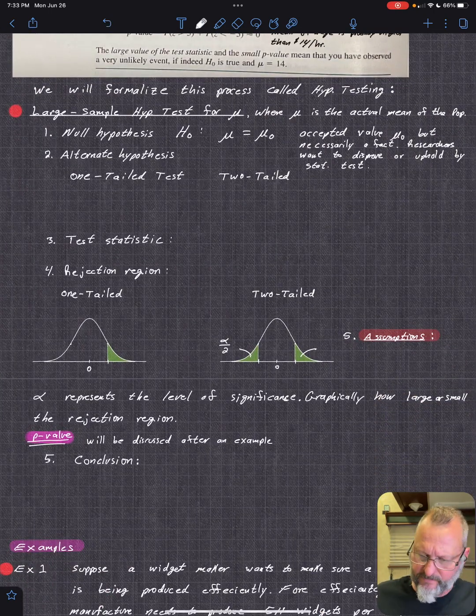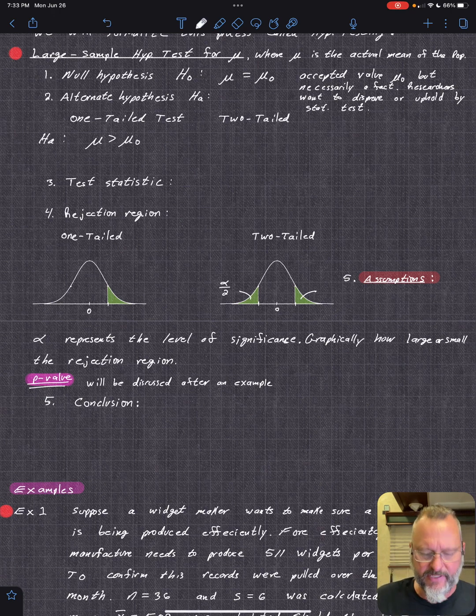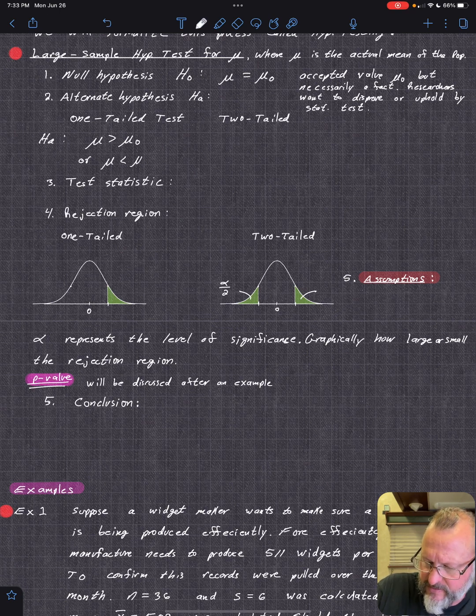When you're doing these, you have to determine whether it's a one-tailed test or two-tailed test. That's a little bit of the pictures above there. So your alternate hypothesis, H sub A: mu is greater than mu naught, the actual is greater than the accepted, or vice versa, mu is less than mu naught.